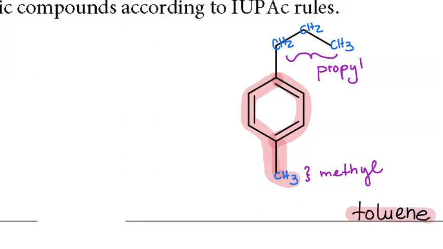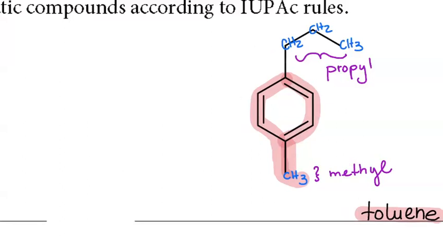Now, as I mentioned to you guys, since we identified that this is the parent chain, that means that the carbon that is holding the methyl is carbon 1. And thank you for putting the answer already here in the chat. But for those students that need to see this worked out, I'm just going to continue.